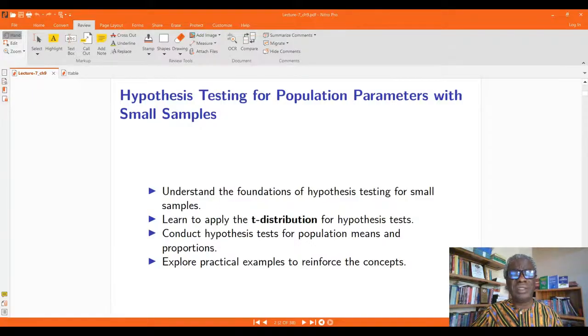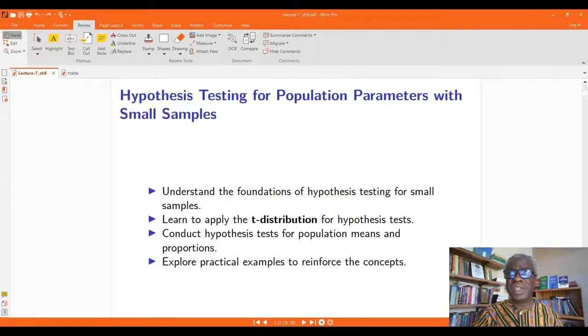We will learn how to apply t-distribution for hypothesis testing in small samples. Recall that in large sample, we were able to invoke the central limit theorem to be able to use the Z statistics.